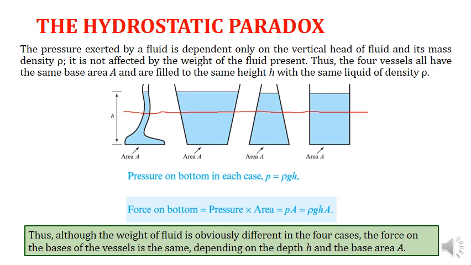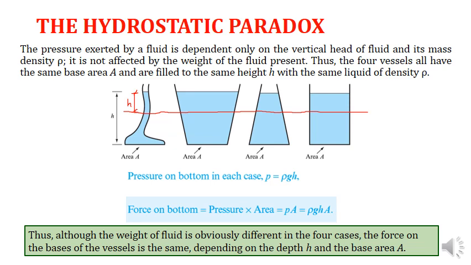Now the value will be different, because starting from the datum point, this will be H. Although the height will be the same for all these cases, your base area is different. Here the base area is this one, here this one, here this one, here this one.